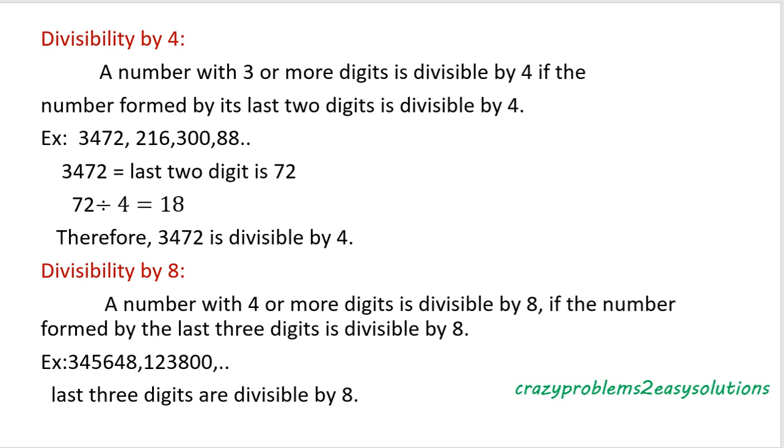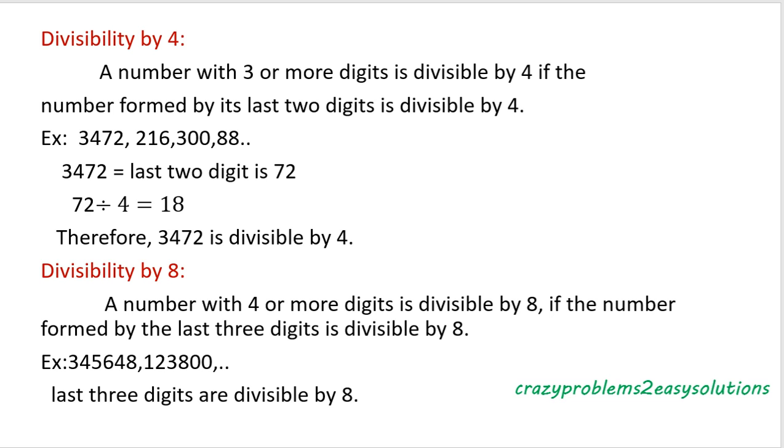Divisibility by 4. A number with 3 or more digits is divisible by 4 if the number formed by its last 2 digits is divisible by 4. That means for a 3 or 4 digit number, or any larger number, you have to focus on the last 2 digits.